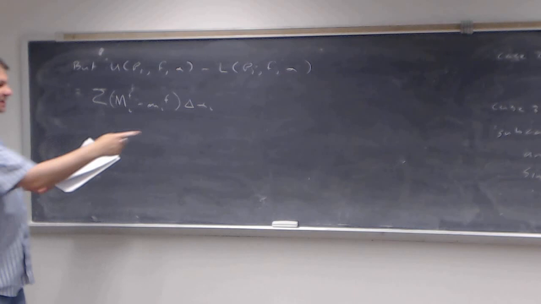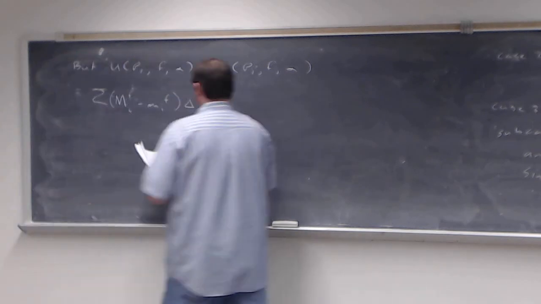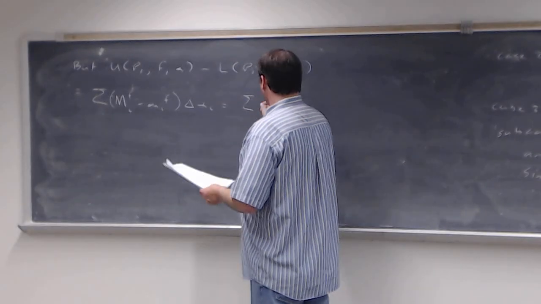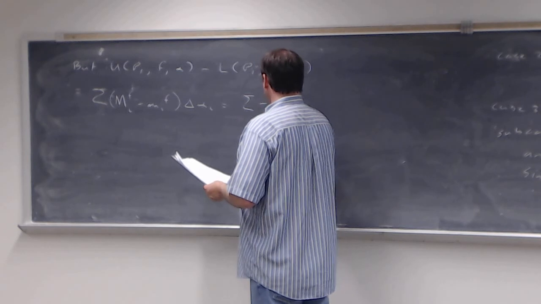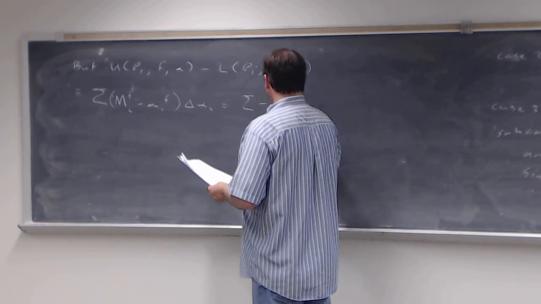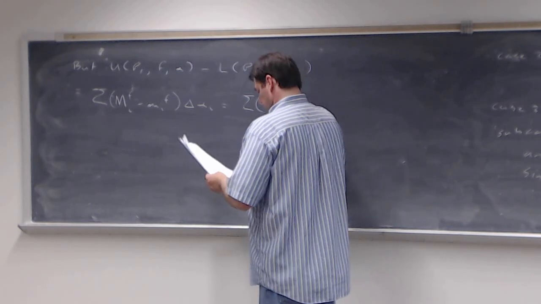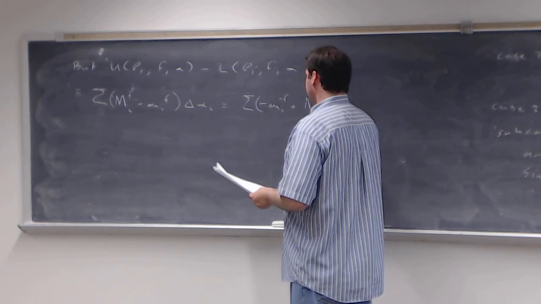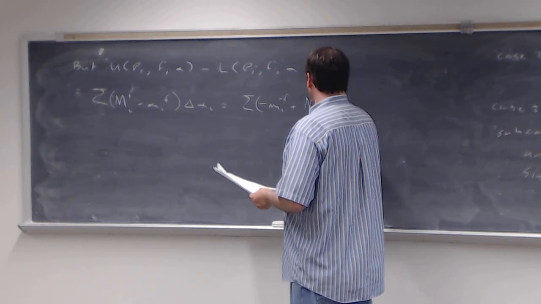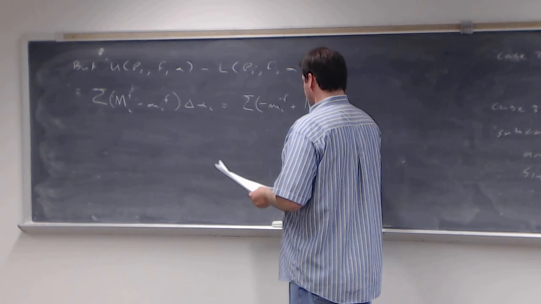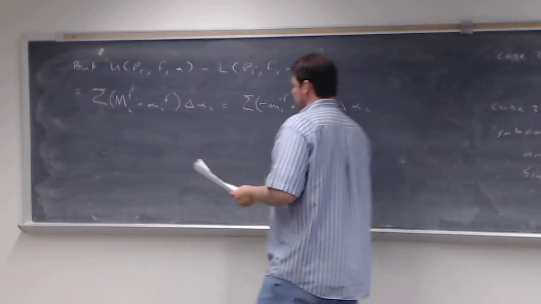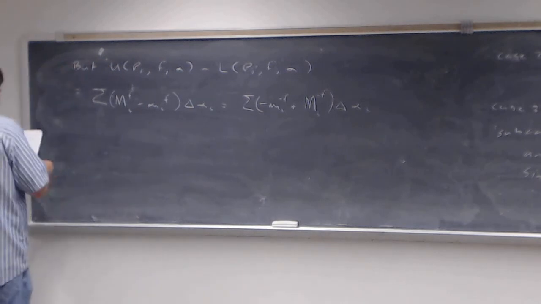But by the two facts that I had listed just a second ago, this is the sum of minus the little m sub i of minus f plus the big M sub i of minus f times the Δα sub i's.